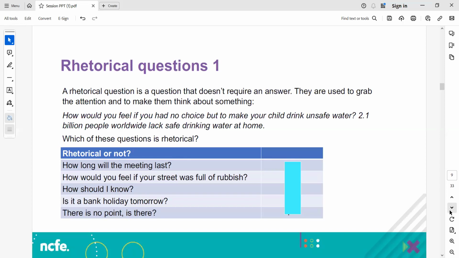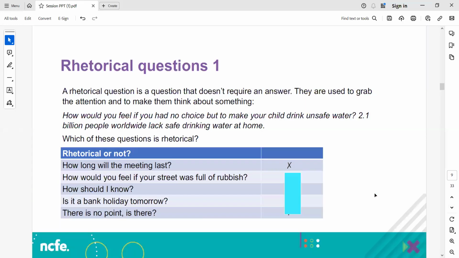So does the writer want a response, or do they just want to make other people think? They want a response, don't they? Yes. So 6 o'clock or whatever it is. How long will it last? 2 hours, and so on.